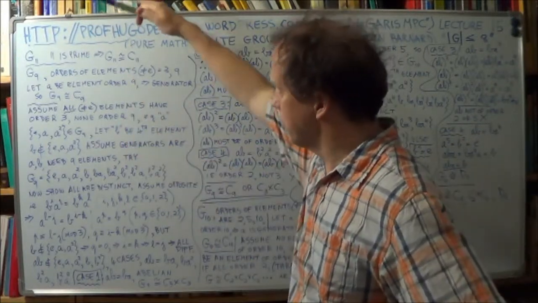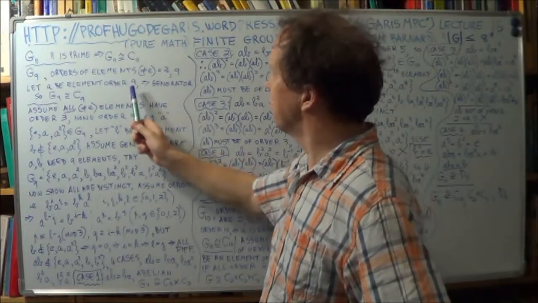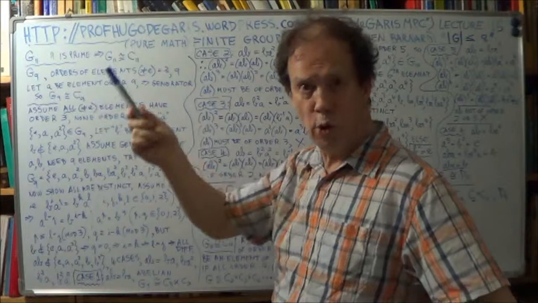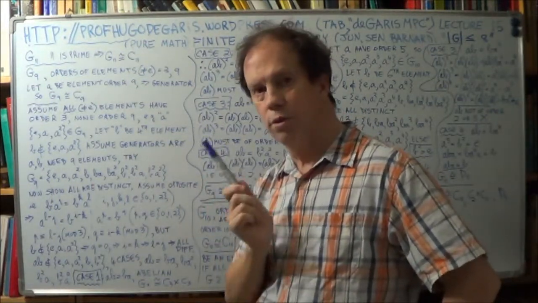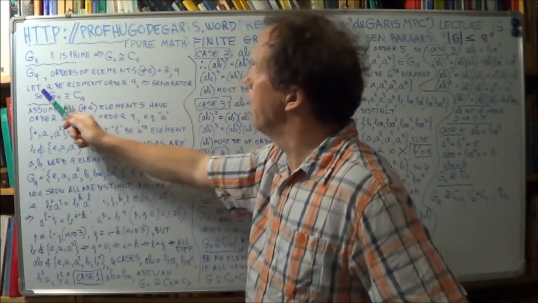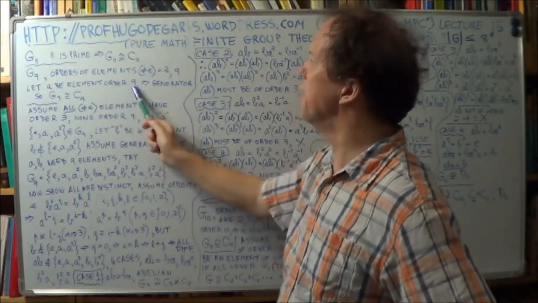Okay, well let's go top down. Let's go from the highest to the lowest. So imagine one of those elements, at least one. There may be more. It's quite possible in a group to have several generators. Let's say there's one. So let A be an element that has order 9.